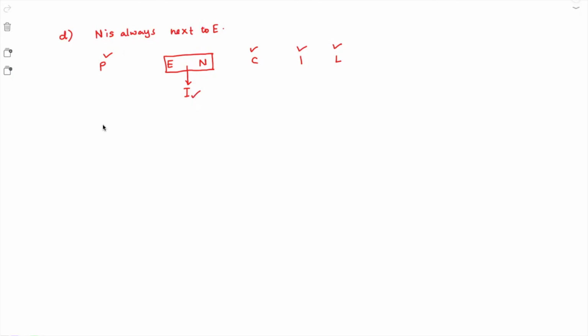So the number of ways will become 5 factorial, which is 120. Here also, there can be another case. This is case 1: N is always next to E. Case 2 can be: N and E are together.